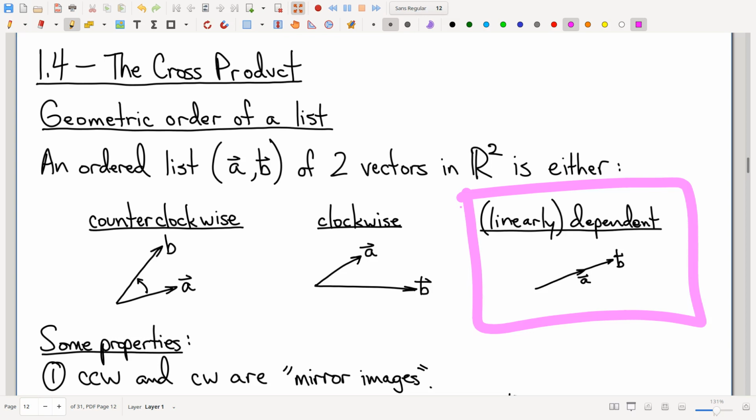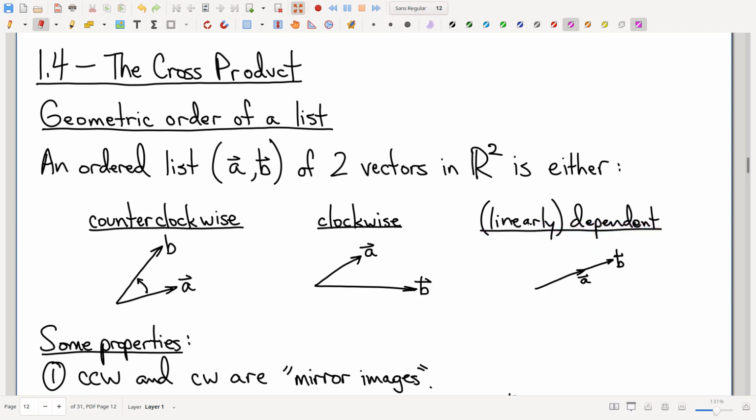So I'm going to lump all of these other cases into just a big bucket, which you're going to notice happens to be exactly the bucket of linearly dependent cases. They're all linearly dependent, and every linearly dependent case is like this. So all together then, we have kind of 3 different scenarios.